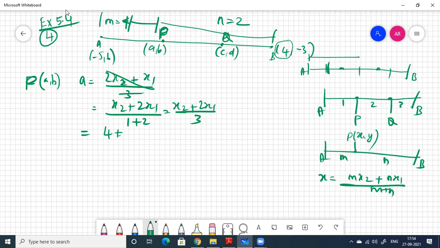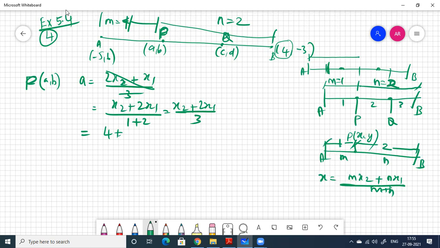This is the formula. In a trisection, M is 1 times and N is 2 times for P, because we're dividing into 3 sections. This part is 1 part, this is 2 parts. So N is 2, M is equal to 1.